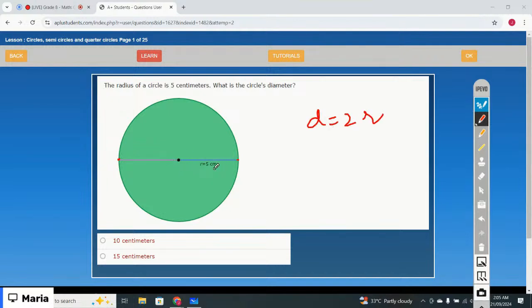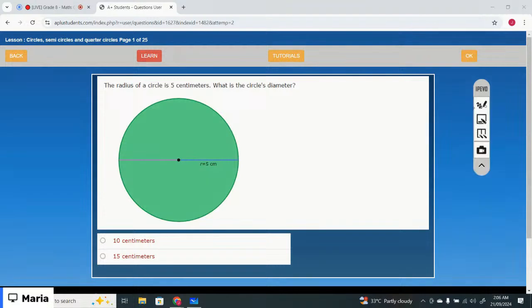D equals 2 times r. We are given the radius 5, so 2 times 5 is 10. So the distance from this point to this point is 10 centimeters. Got it? So the correct option is option number 1, that is 10 centimeters.